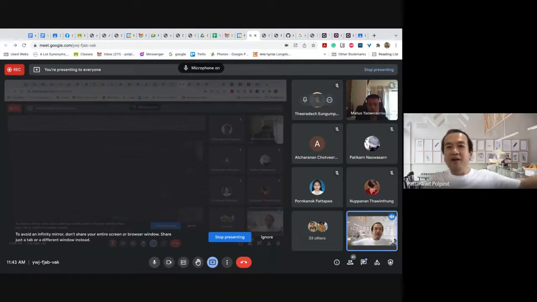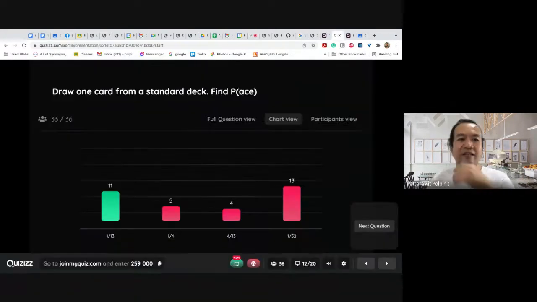Next, this question asks: draw one card from a standard deck. For this one you have to understand a deck of cards. Draw one card from a standard deck and find a card that is an ace. Basically, the number of all possible outcomes is 52, right?